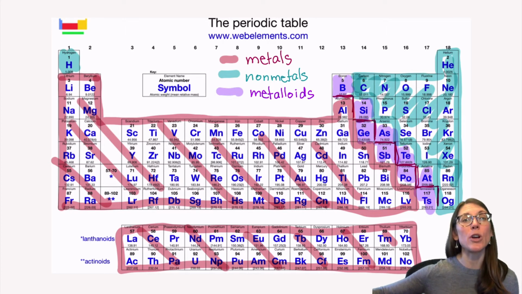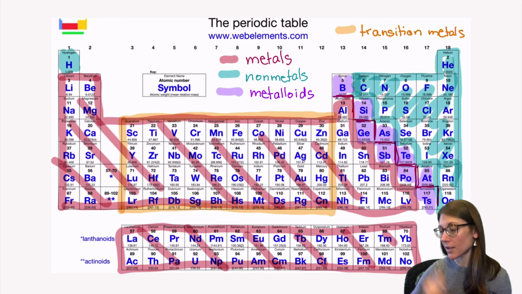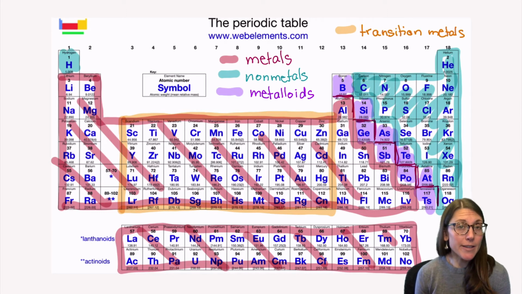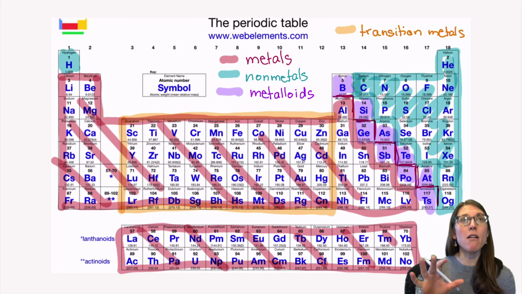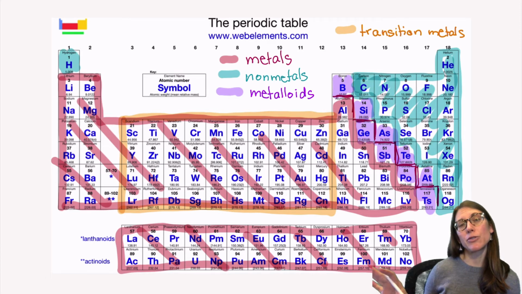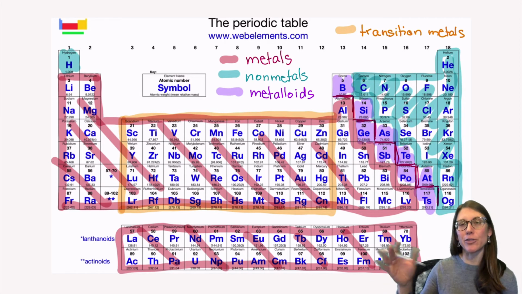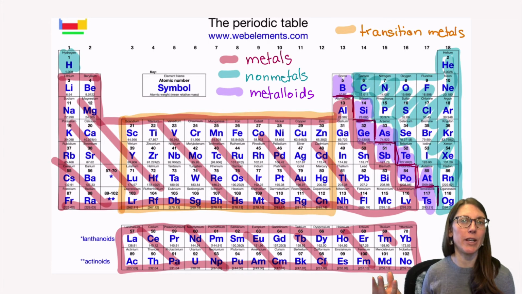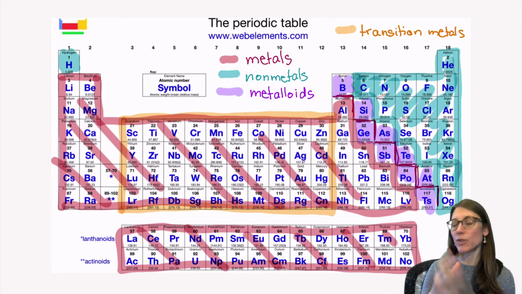And so we call those our transition metals. Next, the metals that are to the right of the transition metals and kind of under the stair step, since they come after, as you move left to right on the periodic table, from the transition metals, we call these our post-transition metals.